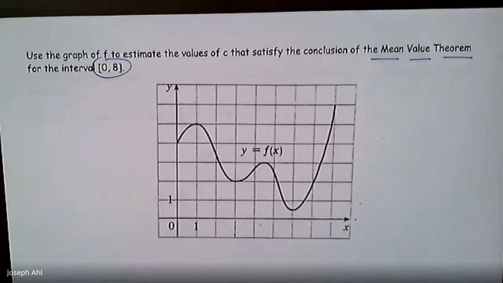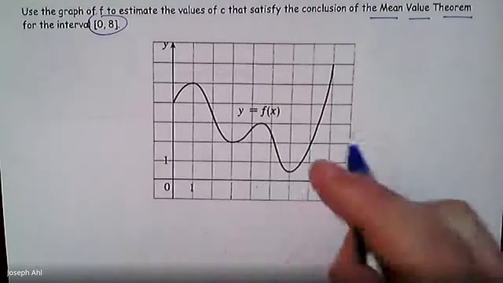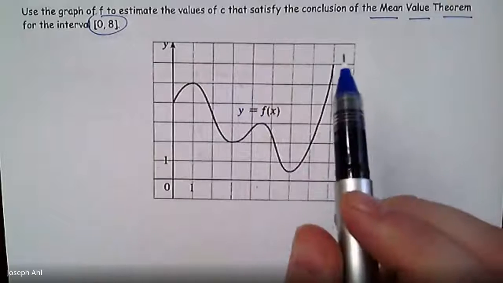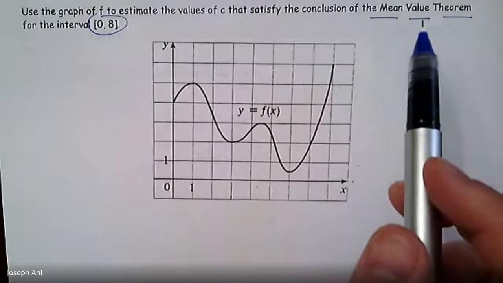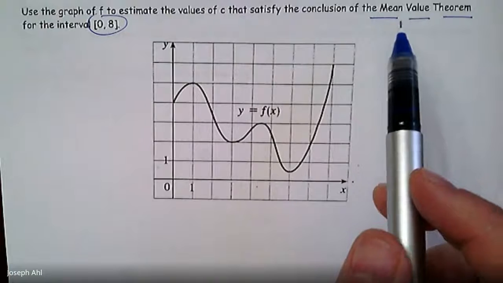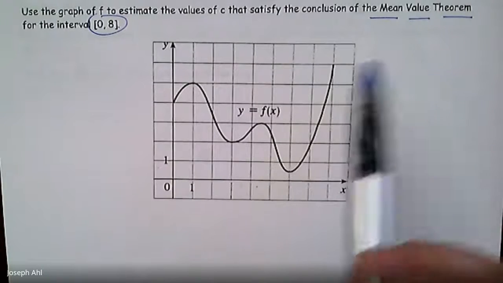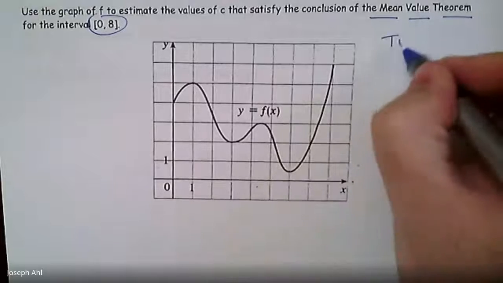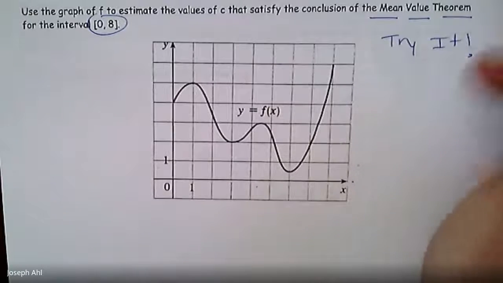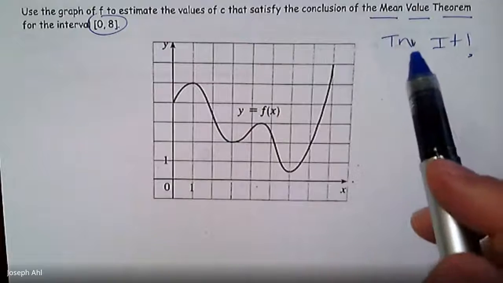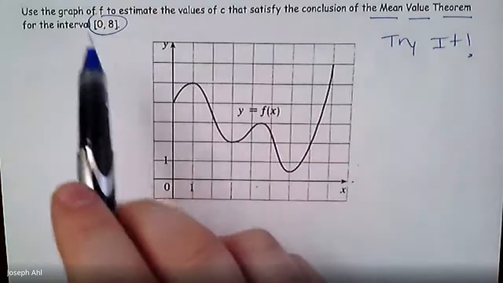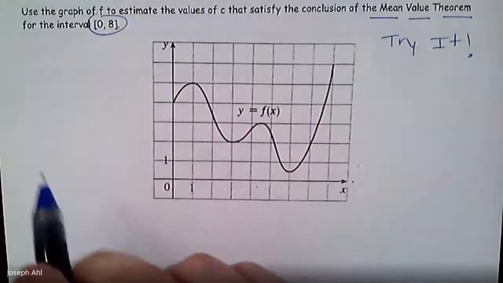Okay, so we probably haven't done this too much when we're given a random graph of f of x. Certainly we know how to justify and verify the conclusions of mean value if we're given the equation for the function. So my only hint for this one before you, of course, try it, would be to think of, we're looking for when does the slope of the secant equal the slope of the tangent?